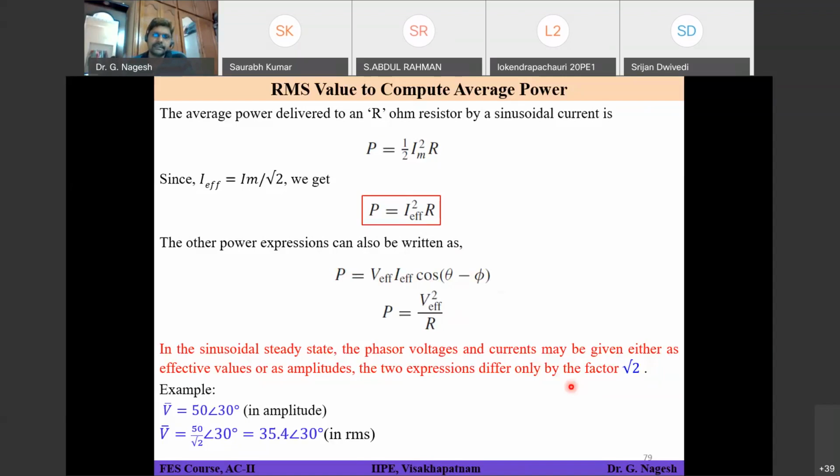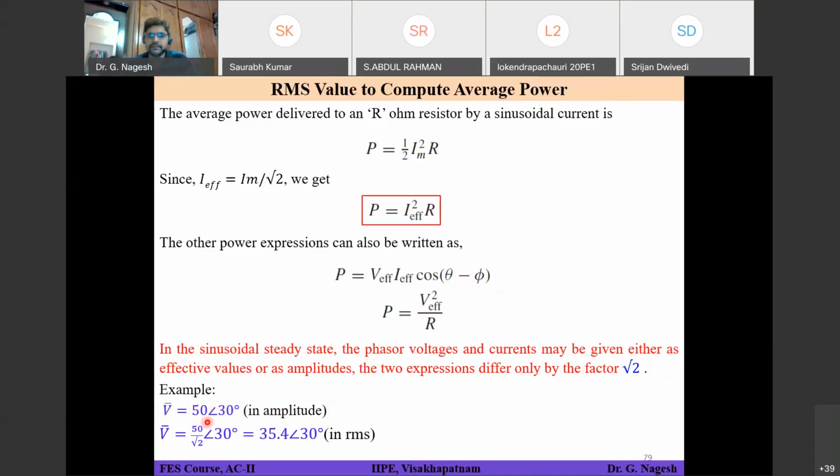For example, if you see phasor voltage V, I have given it as 50 at an angle of 30 degrees. In amplitude, this 50 indicates the maximum value of your voltage waveform.